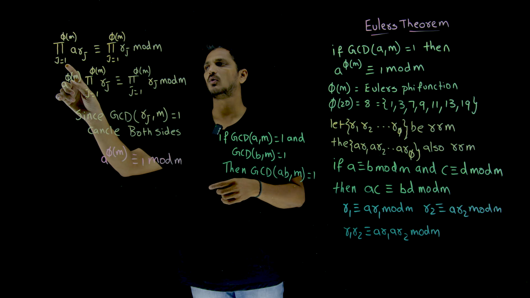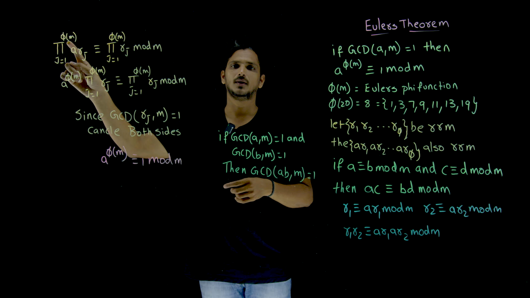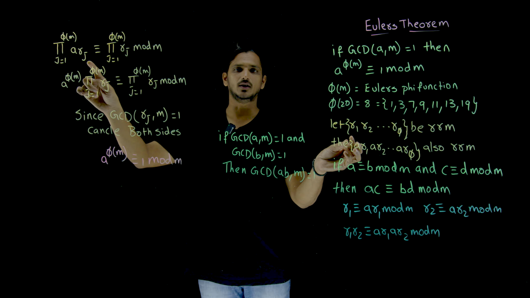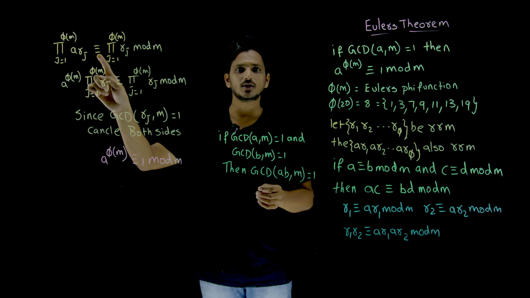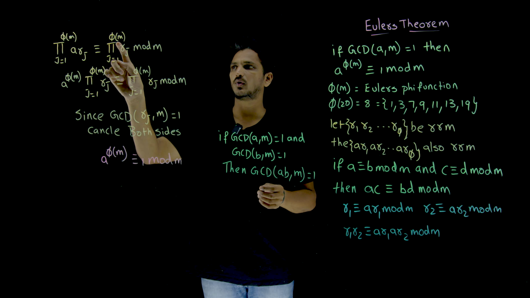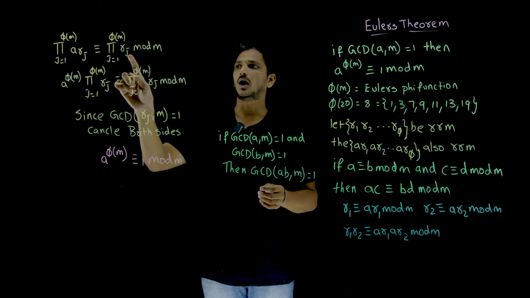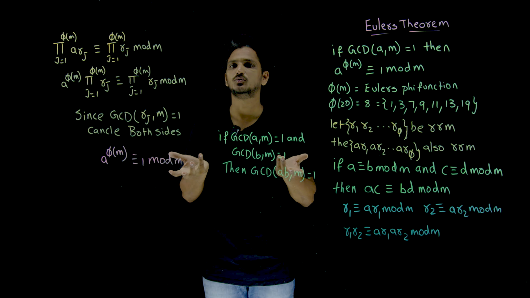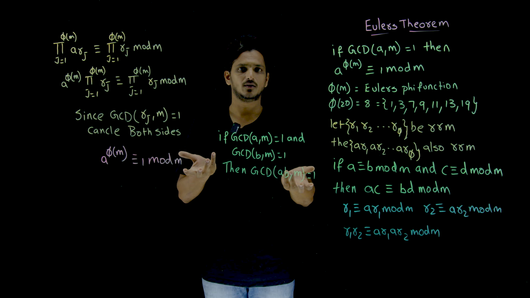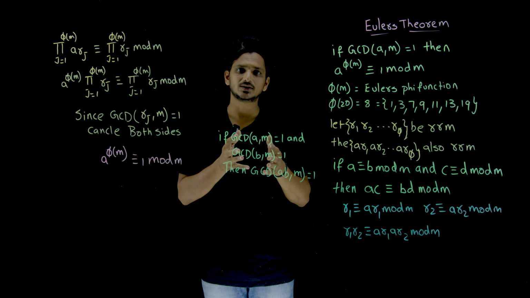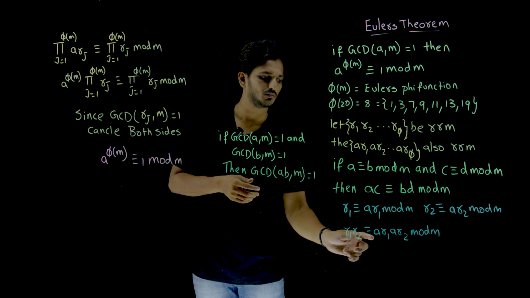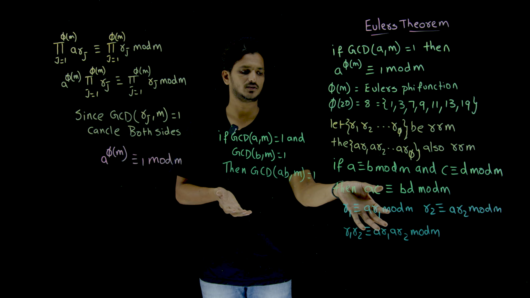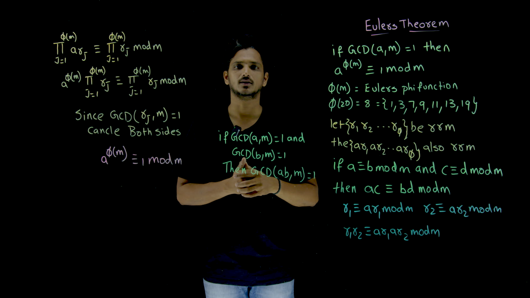Pi j equal to 1 to phi of m, ARj means we are multiplying all these values. It is congruent to pi j equal to 1 to phi of m, Rj mod m, because both are giving the same residue values. Multiplying it, it is going to give the same, because R1 R2 multiplied, AR1 AR2 multiplied, it is going to give the same from this property of congruence.